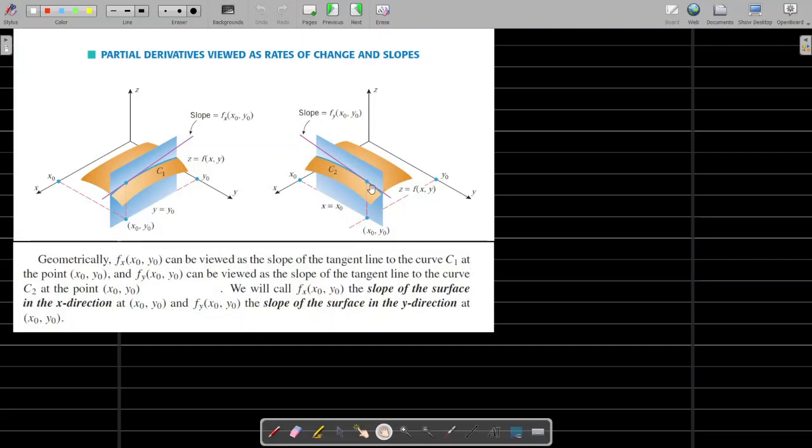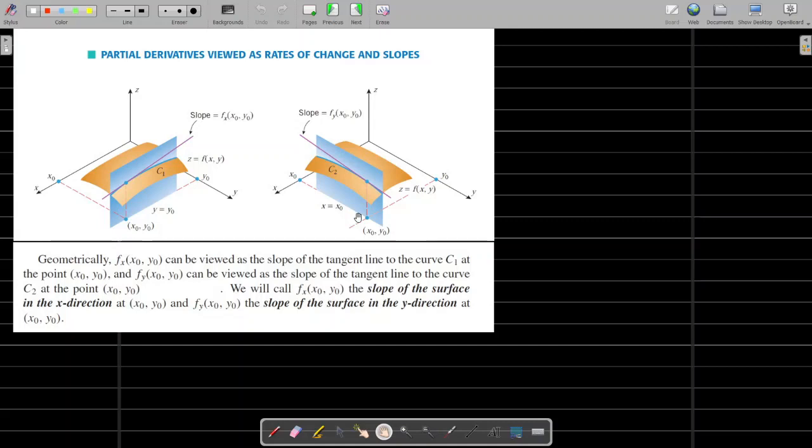So the slope of that curve at the point (x0, y0) is fy(x0, y0). So what is fx at (x0, y0)? It is the slope of the surface in the x direction. When I move in the x direction, what is the slope of that surface? And fy at (x0, y0) is the slope of the surface in the y direction. So what happens?